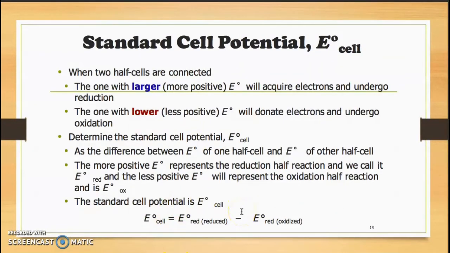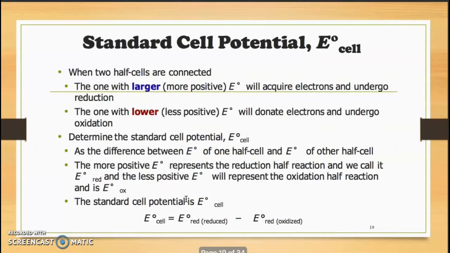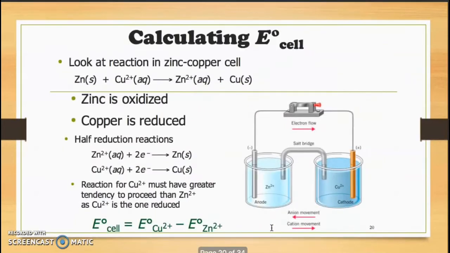Don't confuse this formula, because SRP means the standard reduction potential measured under standard conditions. This is for the reduced minus the oxidized. RED is for reduction.